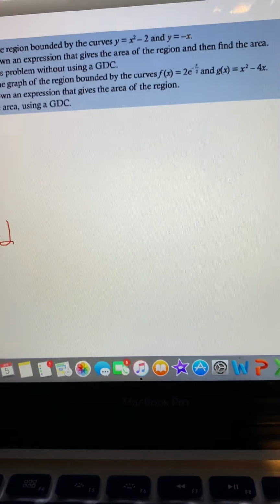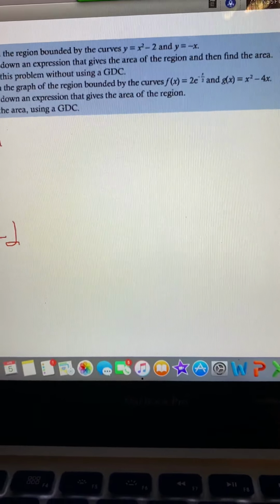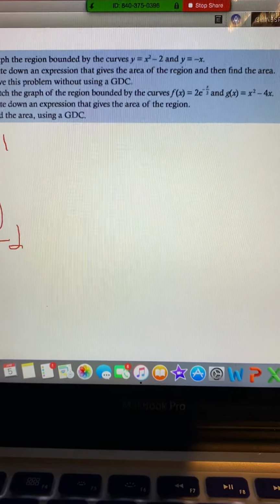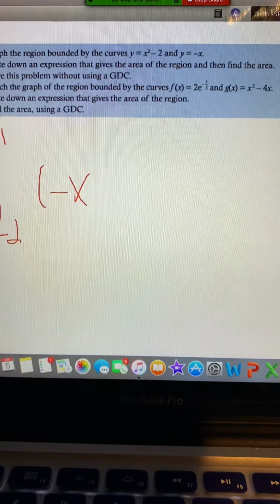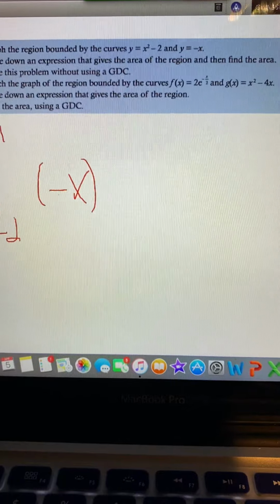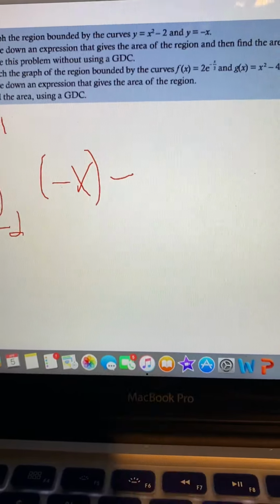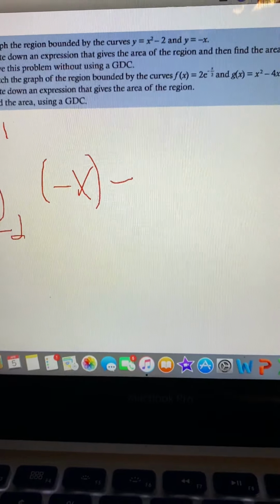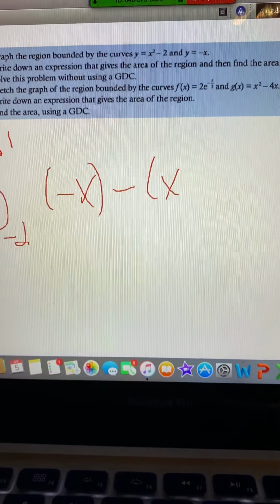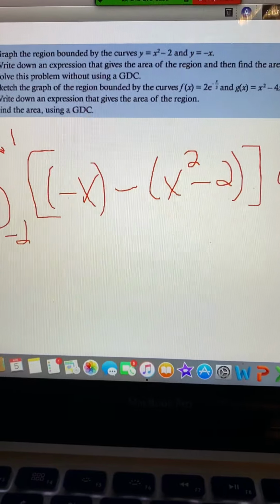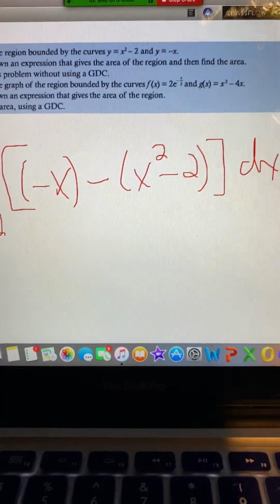So that's going to be negative x minus the parabola, which is x squared minus 2, put all this in brackets, and dx. Okay?